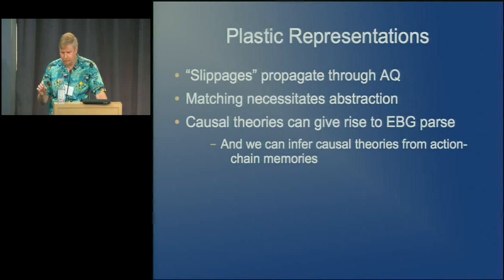And I can derive a theory of causality by the same kind of memory-driven programming, and use that to give rise to an explanation-based generalization parse of the situation that allows me to pick out the salient kinds of attributes of the things that I'm matching.